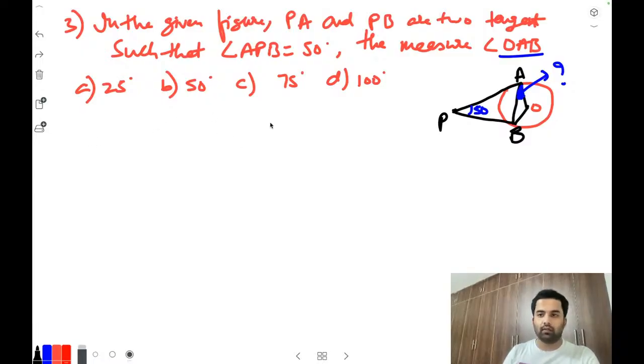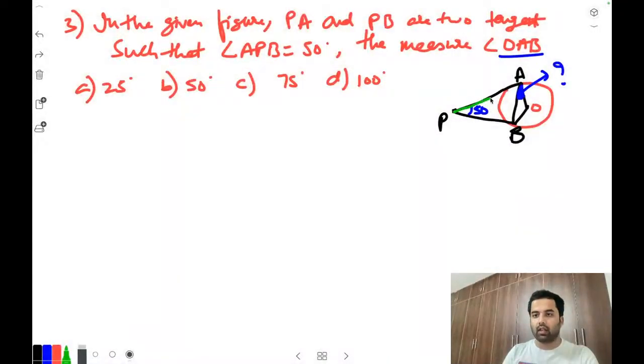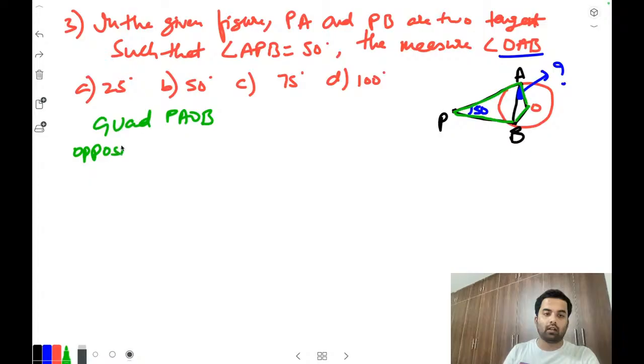As you see here, we will get one quadrilateral. Let me mark this one with a green color. It is a quadrilateral, as you see here, correct? The quadrilateral name here is PAOB, okay? So we know that the opposite angles sum to 180.